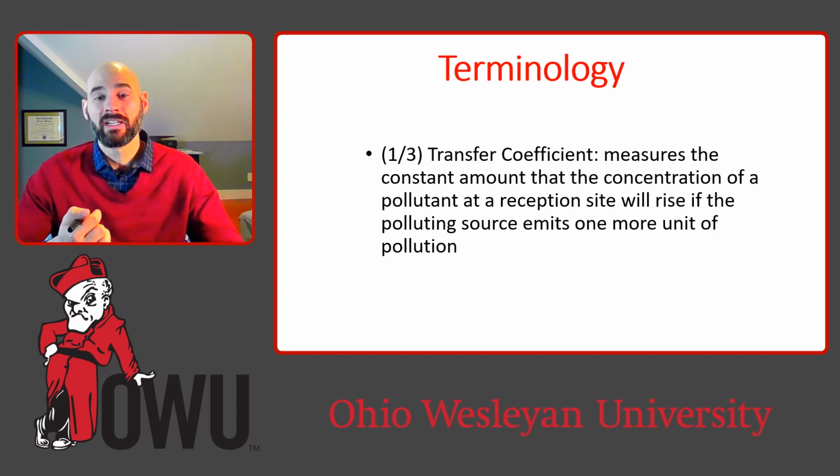So one is going to be the transfer coefficient, and this transfer coefficient is going to measure the constant amount that the concentration of the pollutants at a reception site, where we measure it, typically by where the people it's going to impact live, is going to rise or fall if the polluting source, if the plant which is creating the pollution, emits one more unit of pollution.